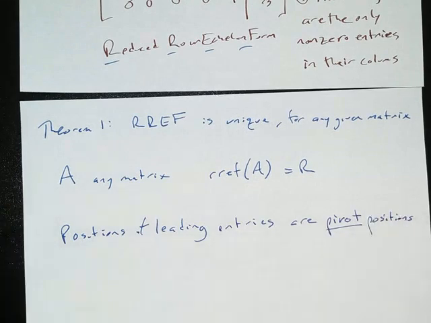Which means I get pivot columns and pivot rows. And the entries themselves are called pivots.